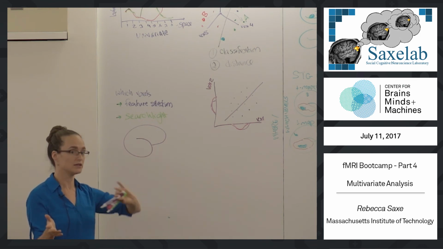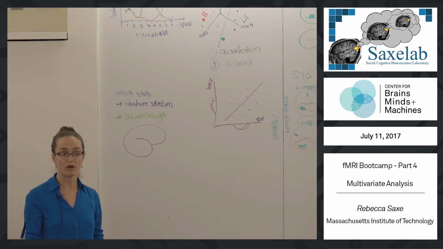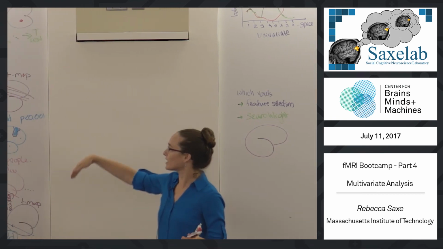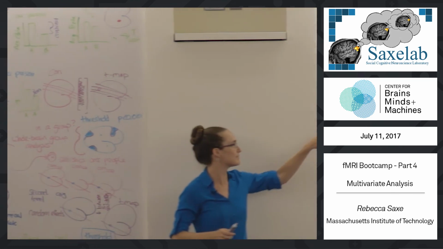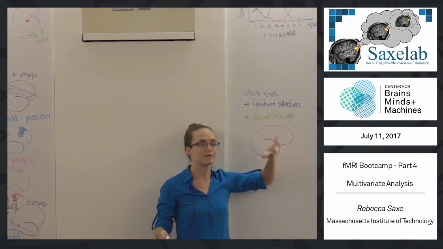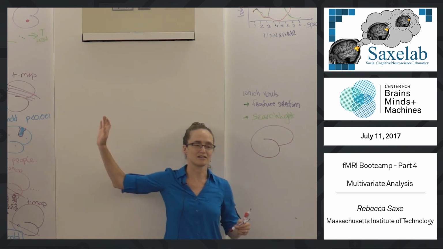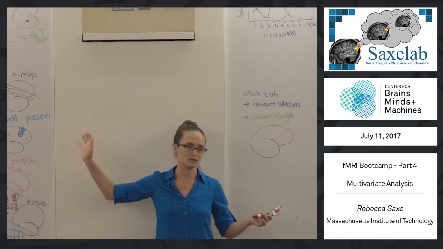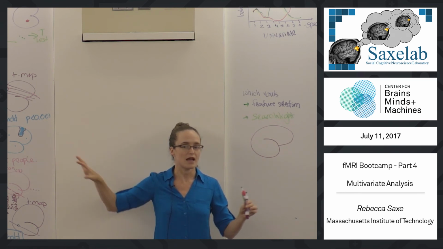Machine learning people in their own world had defined a similar kind of problem, which they called feature selection, which is similar in the sense that out of the whole brain, we're going to choose some voxels and study them, right? That's the same thing we're going to do. Out of the whole brain, we're going to pick some voxels and study them. But in machine learning, that was called feature selection. And in cognitive neuroscience, that was called other things, usually like region of interest identification or something.